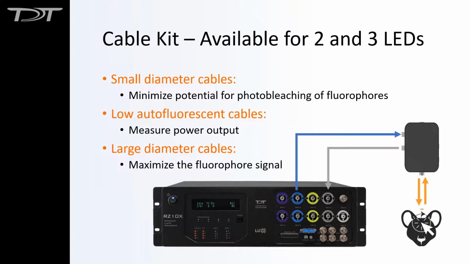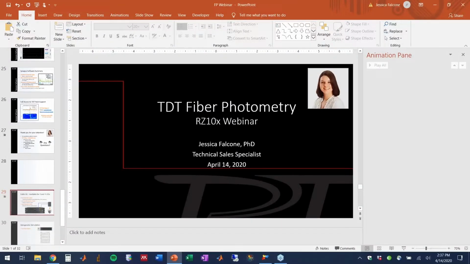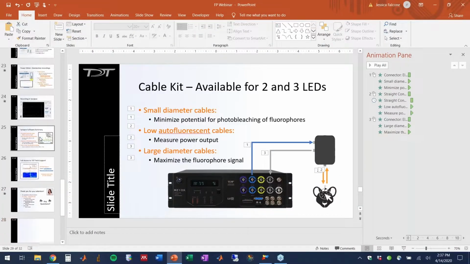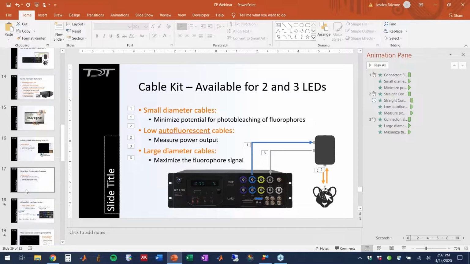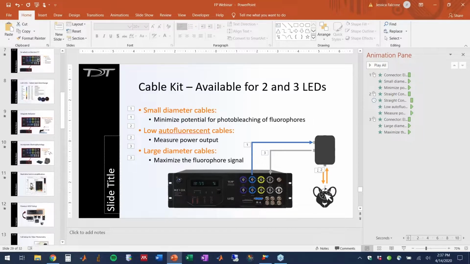And we have a question that says the comment at the end of the RZ10X section regarding syncing with behavioral electrophysiology is just accomplished through TTL pulses, or can the RZ10X be used to acquire electrophysiology signals? Right. Sorry, I kind of smushed those together in the name of space. They are two separate things.